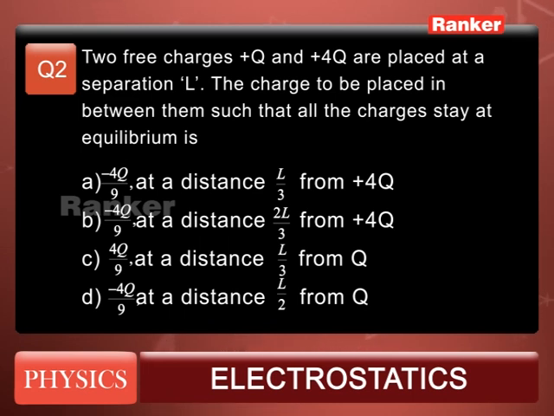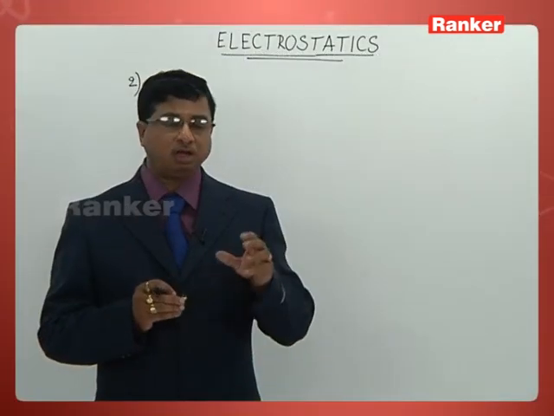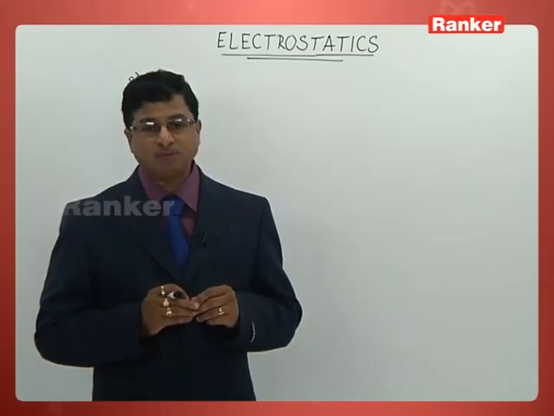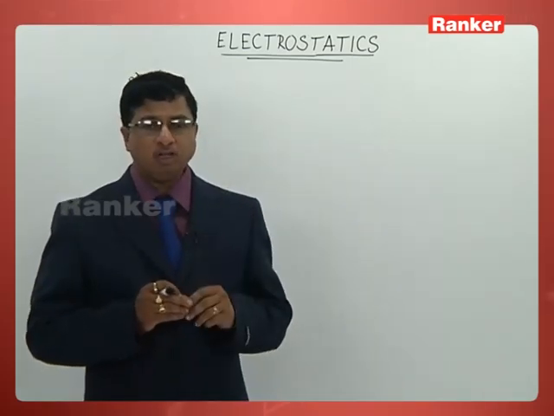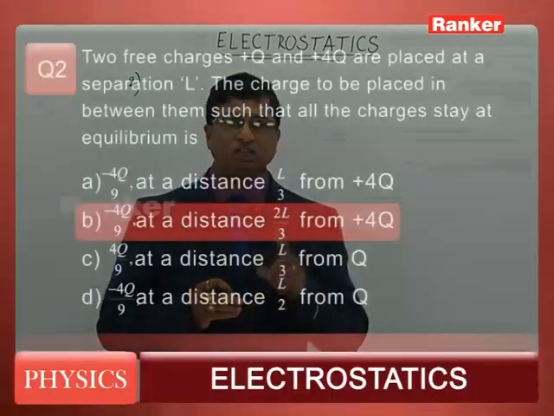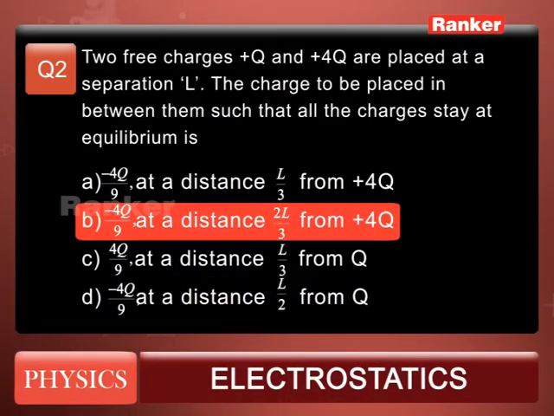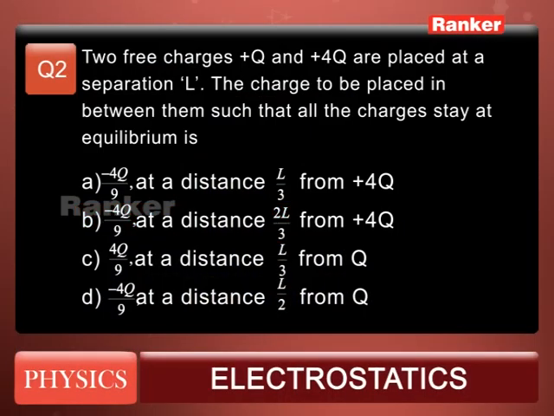Third option says 4q by 9 at a distance L by 3 from the charge q. Similarly, the fourth option says minus 4q by 9 at a distance L by 2 from the charge q. They are the options mentioned. But out of all the 4, the correct option is going to be the second one. So B is the correct answer for this.